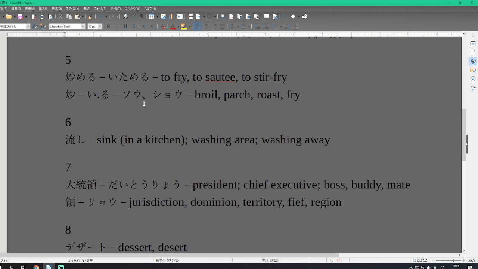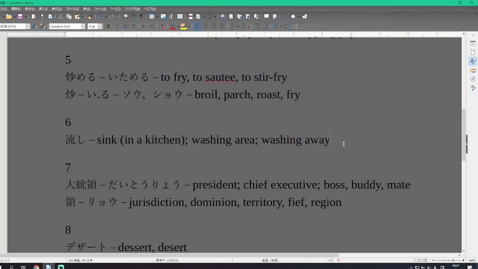Number 6 is nagashi, with our kanji for to flow, which means either a sink, the noun, a washing area, or washing away. Nagashi, our nickname for the sink, or a washing area.